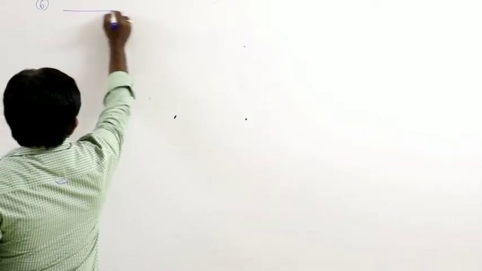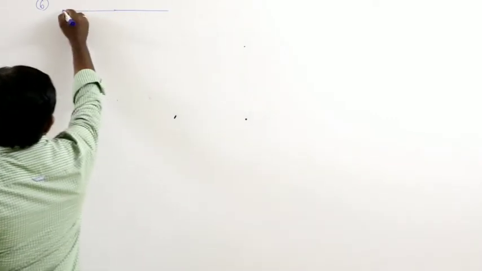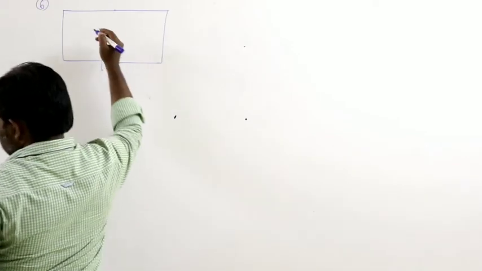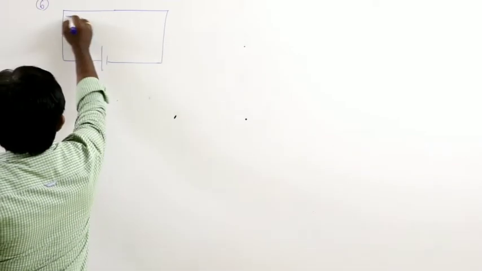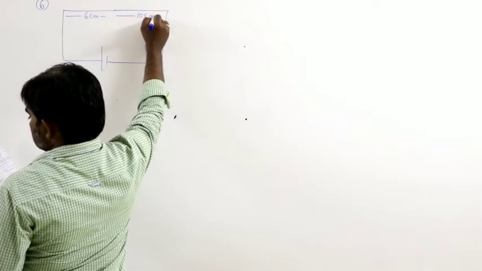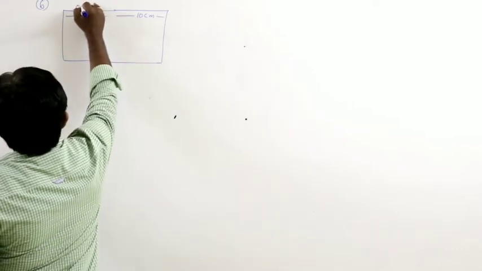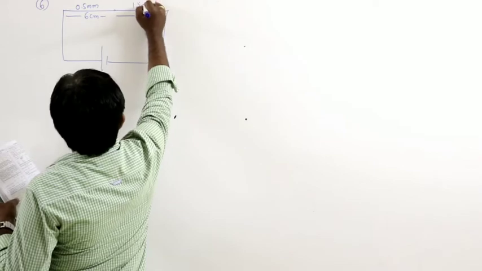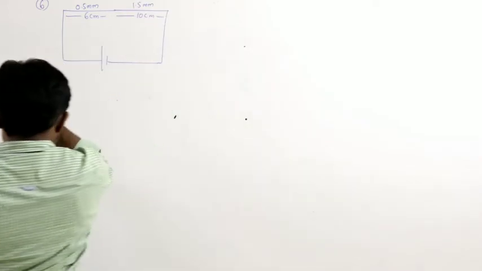Let us say the two wires are connected to the battery like this. This wire is of length 6 centimeters and this wire is of length 10 centimeters. This one has radius 0.5 and this one has radius 1.5 millimeter.